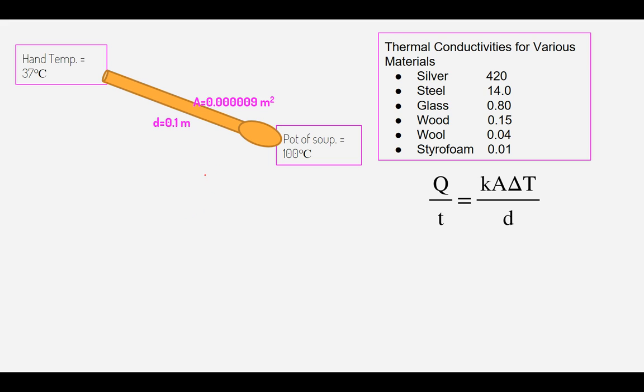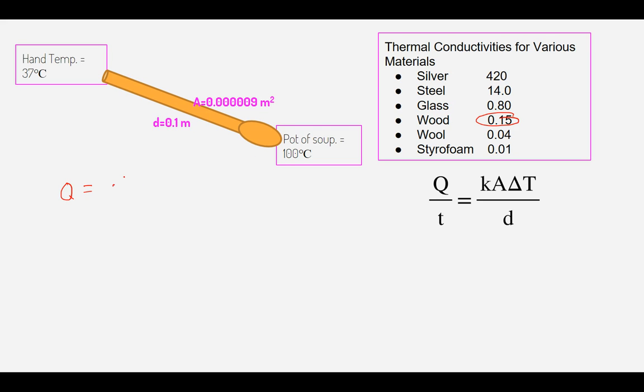So you can use this. This is sort of a setup just to show you what you're going to do. But again, it's the same thing. Our Q we would be solving for, and in this case, Q equals our K value. Let's say that this spoon was made out of wood. Well, then let's choose that one. That would be 0.15.